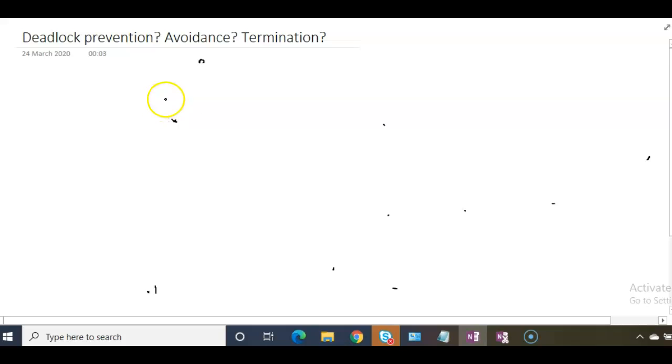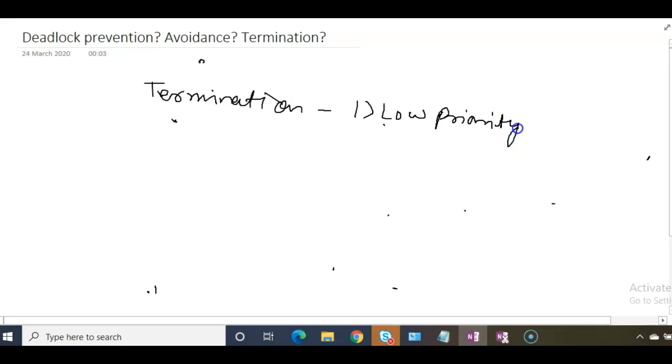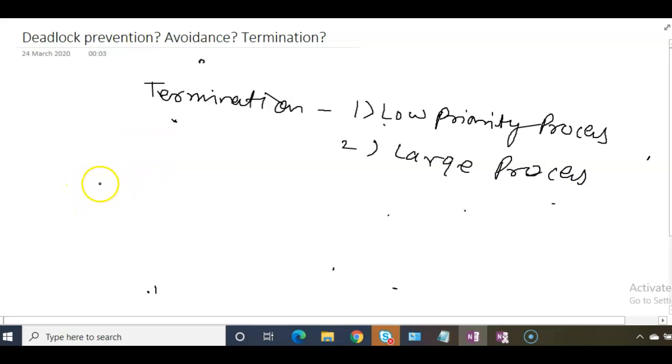So for termination, you can use the low priority process, and you can use the large process first. But make sure that you cannot terminate those processes whose output is dependent on other processes, like a batch process.